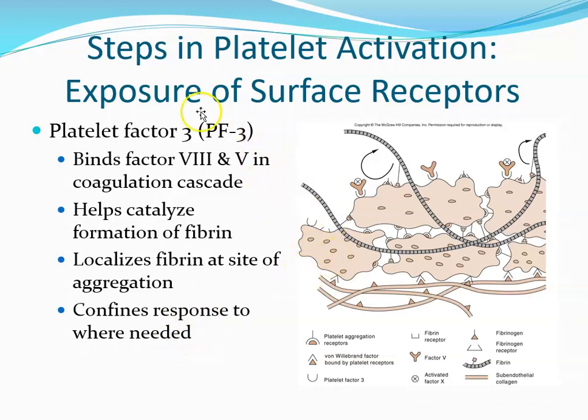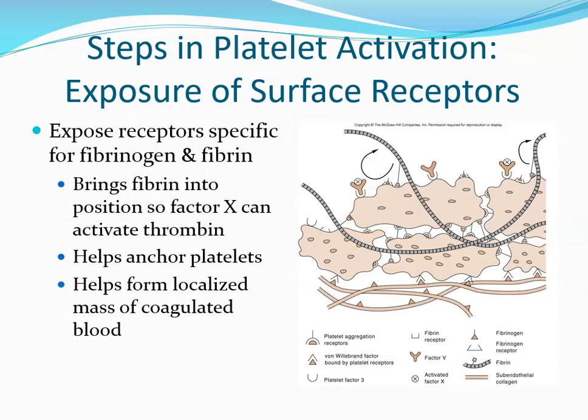Now notice this step is called exposure of surface receptors. These receptors now appear on the surface of the platelets. So here again is platelet factor 3, which will bind clotting factor number 5, which helps to organize and localize these strands of fibrin at the clot site.